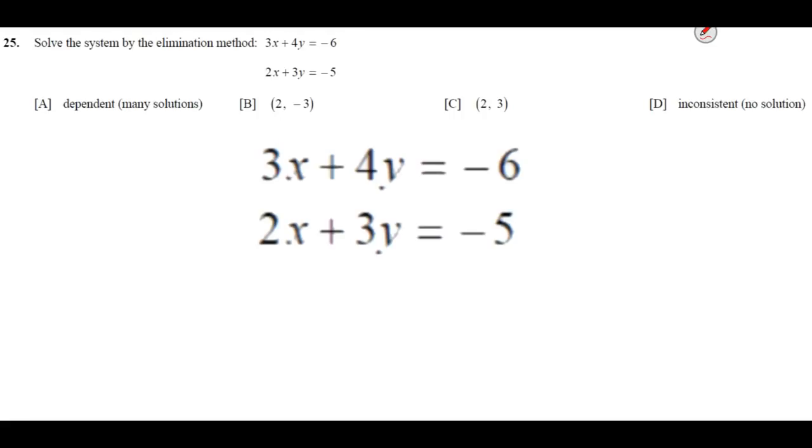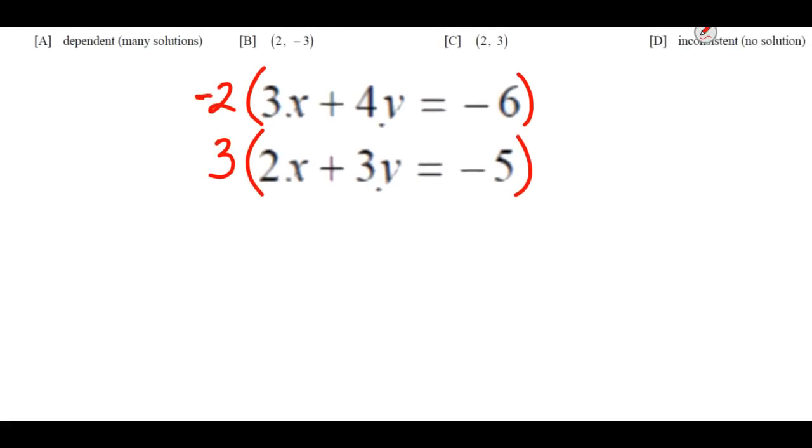So in order for me to do that, I've got to make my x's both something that 3 and 2 multiply to. Keep it simple. And I also have to make sure one is negative. So when I do this, I know 3 times 2 is 6. So I'm going to take this equation and multiply it by -2. I'm going to multiply this equation by +3. Now, that reorganizes my equations.